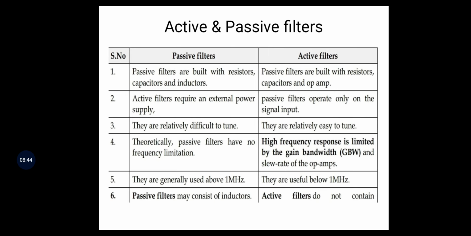Passive filters are built with resistors, capacitors and inductors, but active filters are built with resistors, capacitors and op amp. Here the extra element is the op amp. We use the op amp, that's why it is called an active filter.